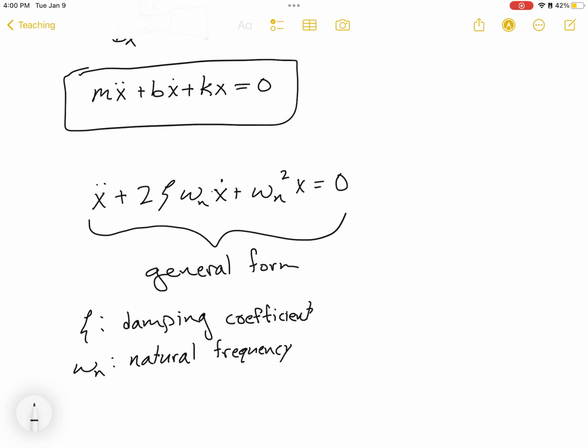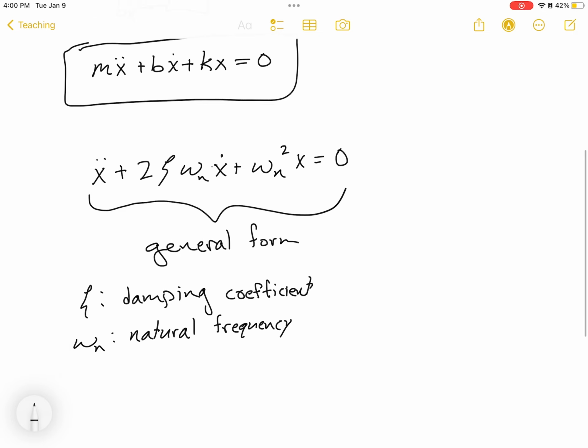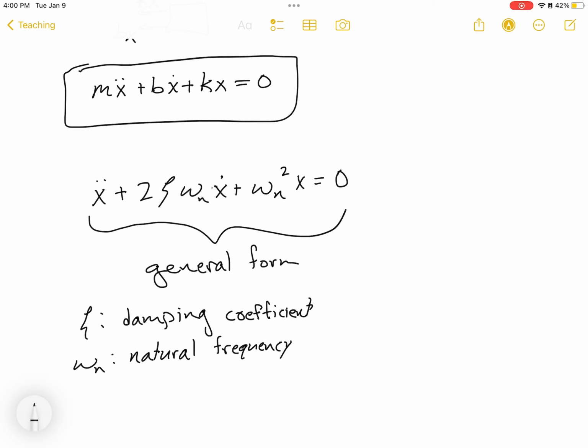And so you might notice that there are only two variables here instead of three with the mass, damping constant, and spring constant. But with these, we can describe the system. And so to convert between them, you notice that the coefficient in front of the x double dot is just 1.